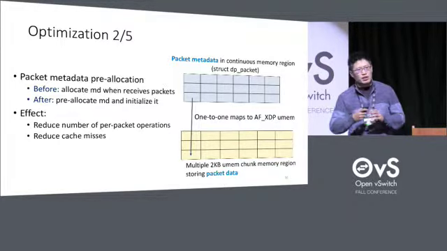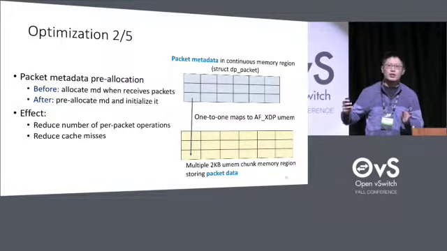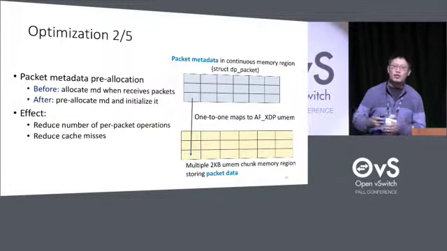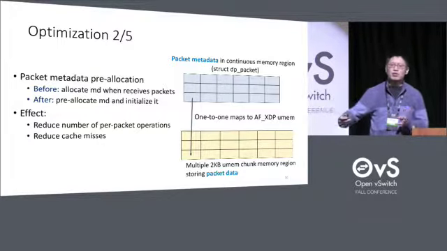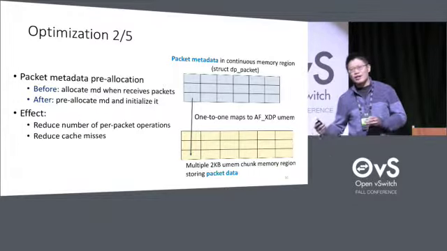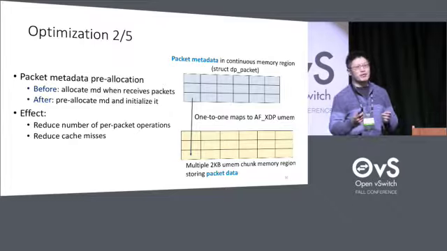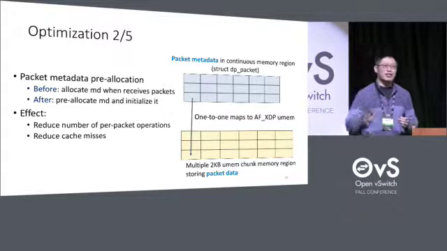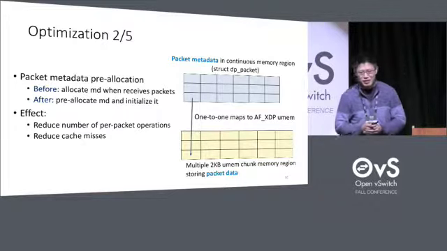And we want the memory of these dp_packets to be all together in continuous memory, so that every time we set up a batch of 32 dp_packets, we don't incur extra cache misses. Hopefully the first packet suffers the cache miss, but the subsequent ones can benefit from it.